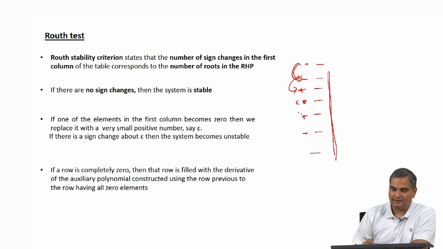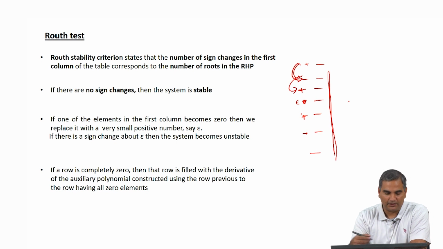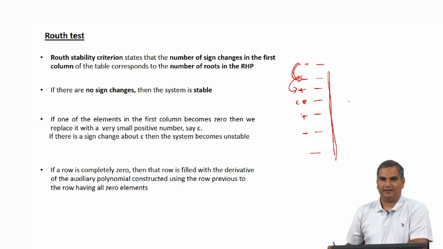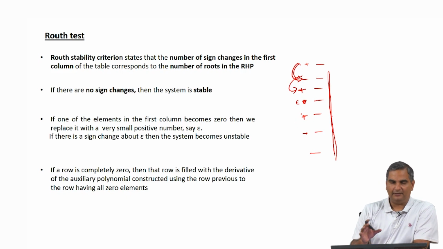Now, there are cases where the whole row could be 0, in which case we need to fill that with something to complete the procedure, and I will explain that with examples. These you can consider as more cases that are usually not the rule. I would not really say exception, because there are many times where you have poles on the imaginary axis, but these are considered separately. If these were not there, the procedure is very simple.